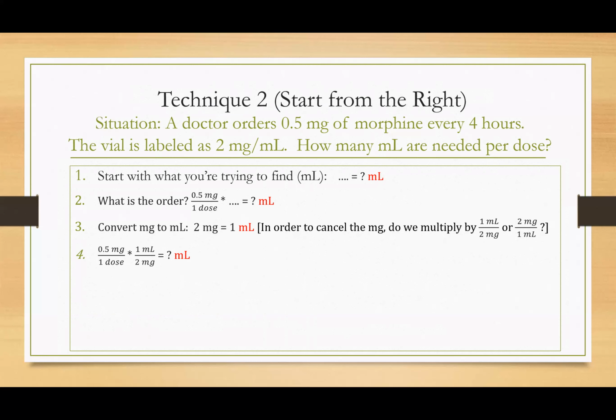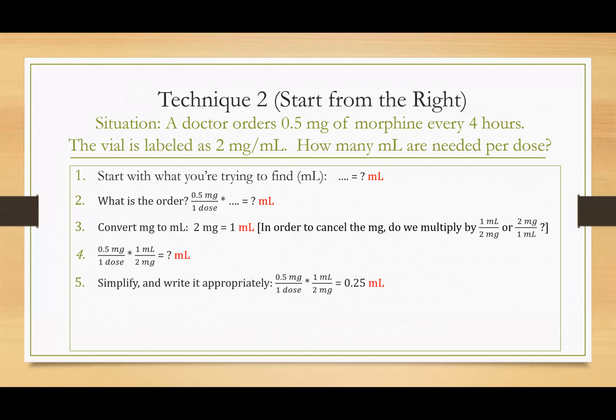Notice the milligrams will cancel, and we only have 0.5 times 1 in our numerator, and then 1 times 2 in the denominator. So that is essentially 0.5 divided by 2, which means that this patient needs to receive 0.25 milliliters.